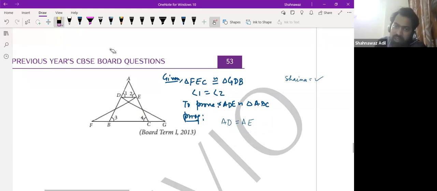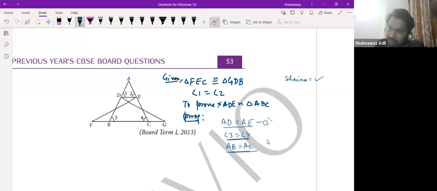Angle 3 equals angle 4, which means AB equals AC, because this is an isosceles triangle. So we have got this thing and this thing. Divide 1 by 2, so these ratios are equal. This is common, so SAS is good. Yes, that is also correct.